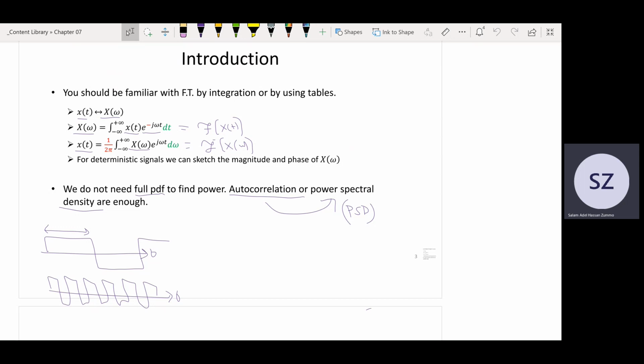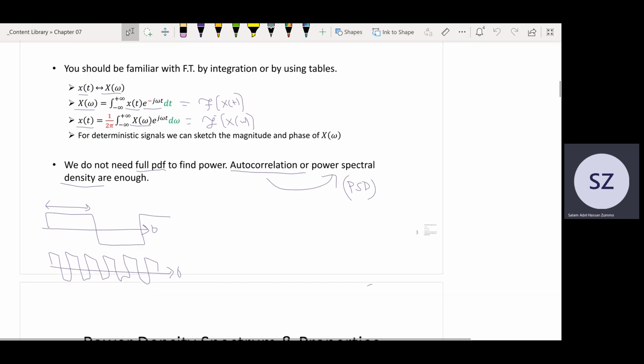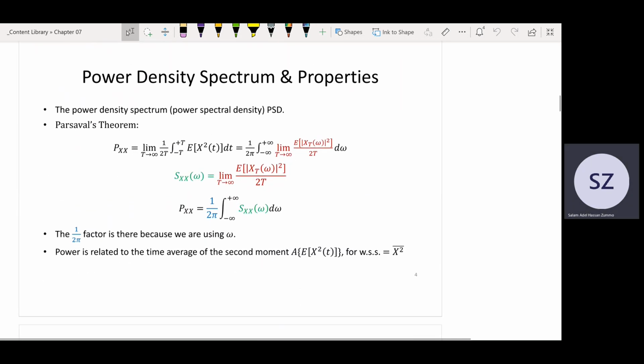So we try to find what the frequency contents in a random process are. If I have a signal, what are the frequency components in a signal? We did it for a deterministic signal, and we'll try to do it here for a random process. So in order to do that, we need to define a power spectral density.